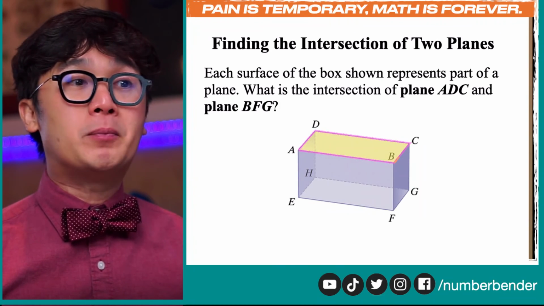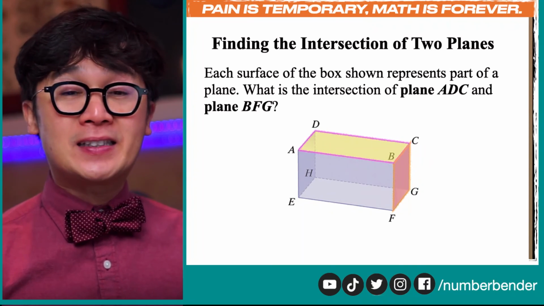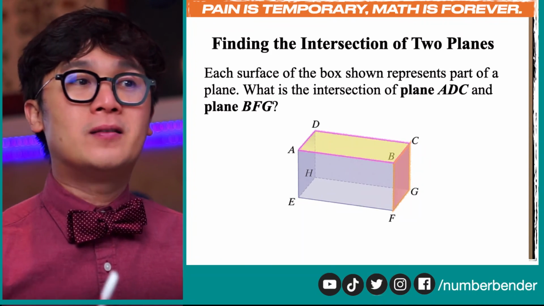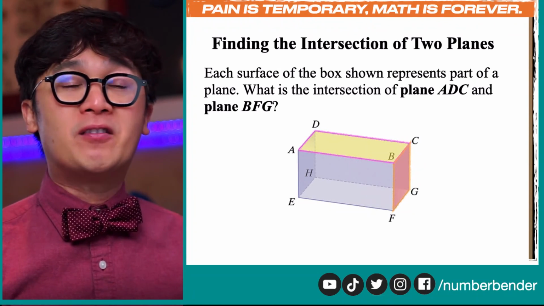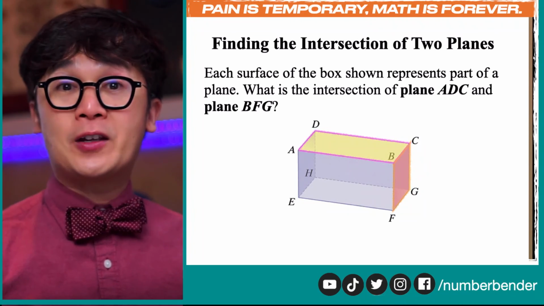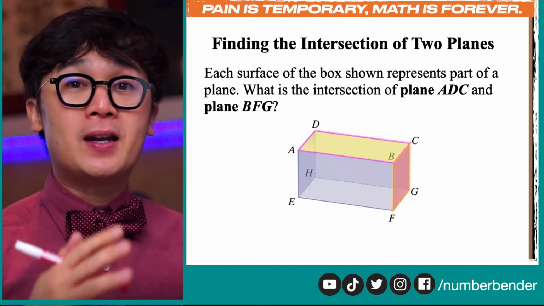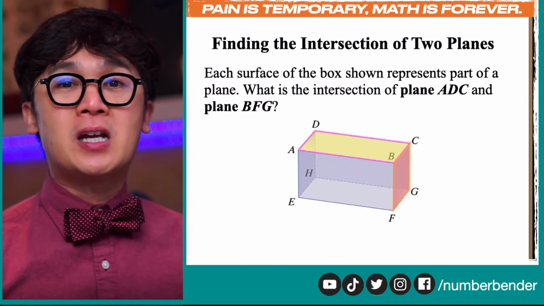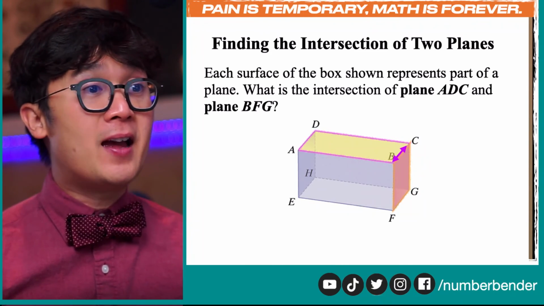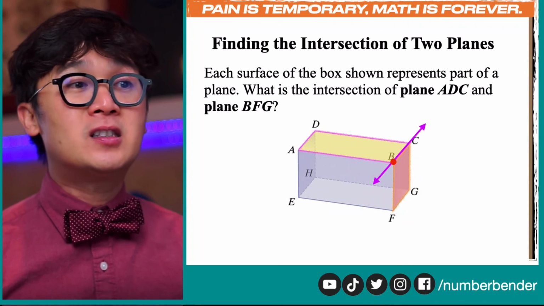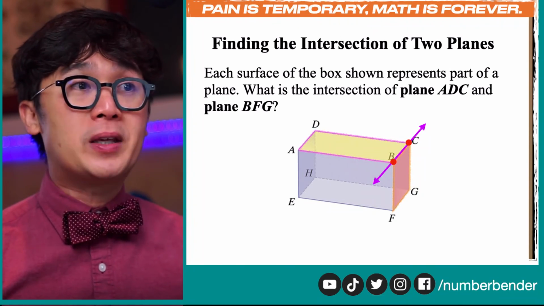At ito naman si plane BFG. So si plane BFG at si plane ADC also described as plane ADC and plane BFG. So kahit wala tayong isang letra kasi kailangan lang natin is tatlong letra to produce a plane, we can now see na meron siyang intersection at alam natin ang intersection ng planes ay line, kaya si line BC ang intersection ng ating plane ADC and plane BFG.